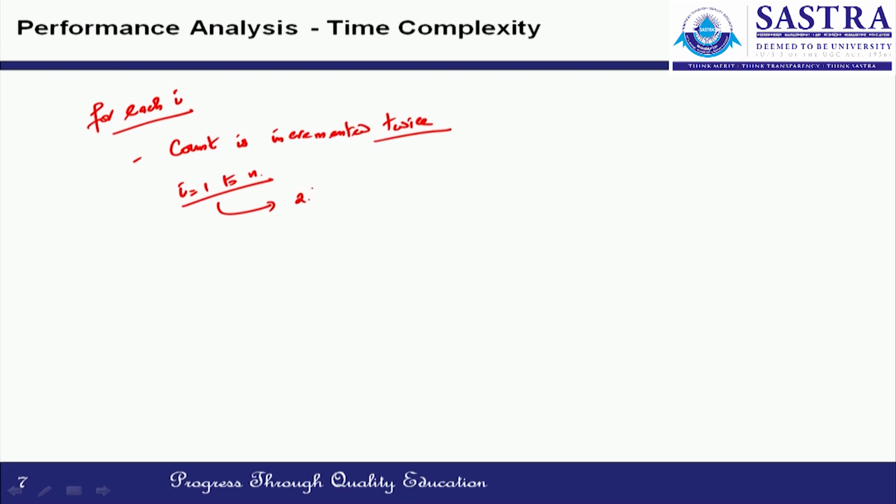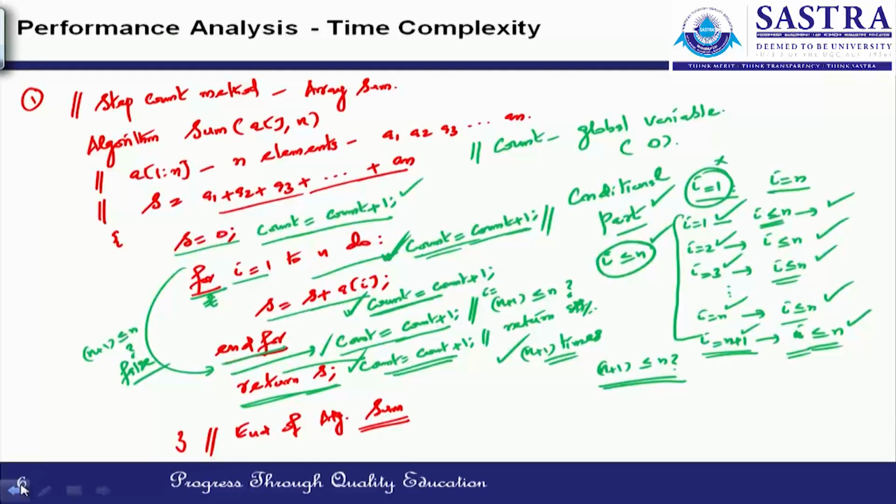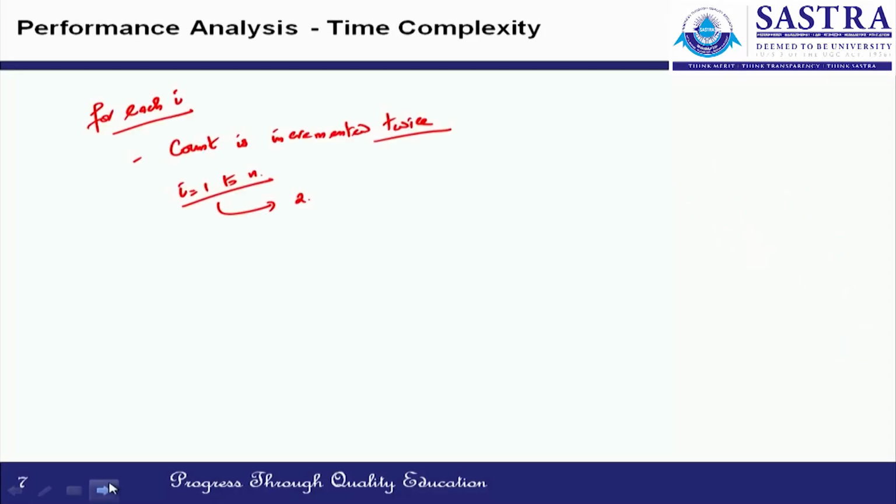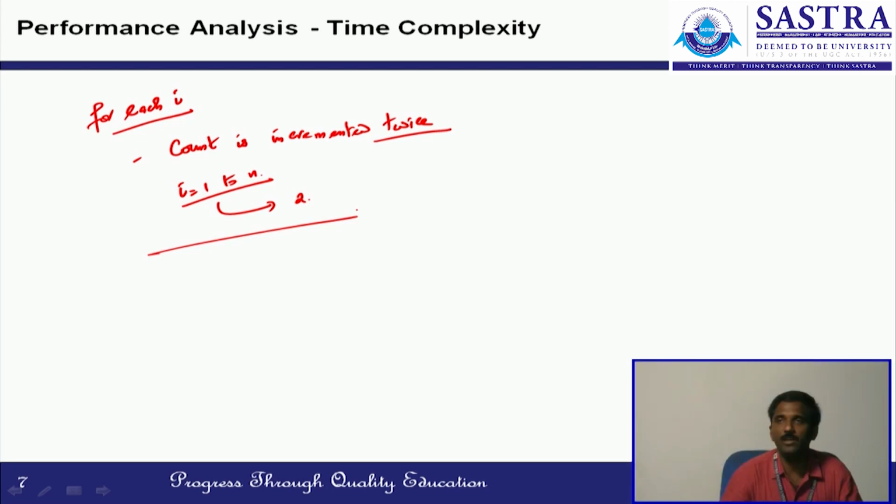Since I ranges from 1 to n, inside the for we have placed the count statements. Count is equal to count plus 1, then s is equal to s plus a of I, after that count is equal to count plus 1. Now, the effect of this count increment inside the for is twice for each I. So, in general, count is equal to count plus 1 inside the for will have the count of 2n times.